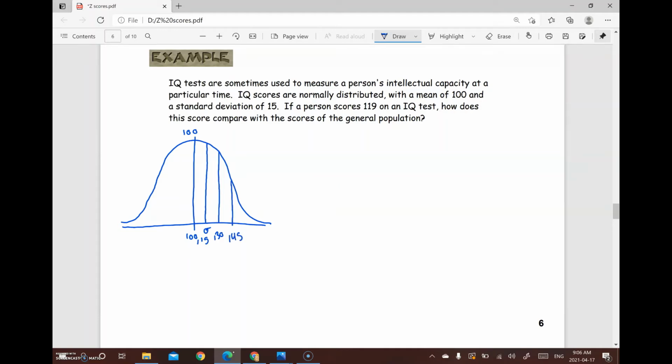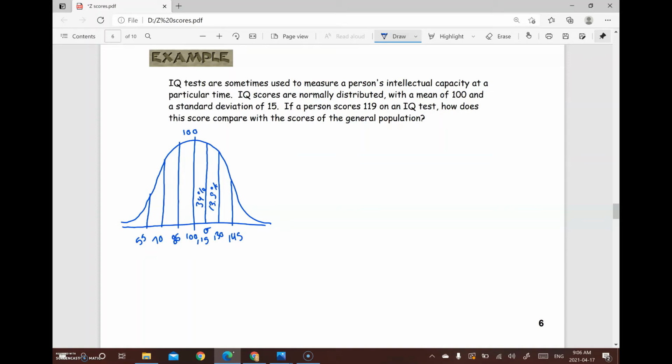And if you remember from last lesson, we also had those percentages in here. All right.